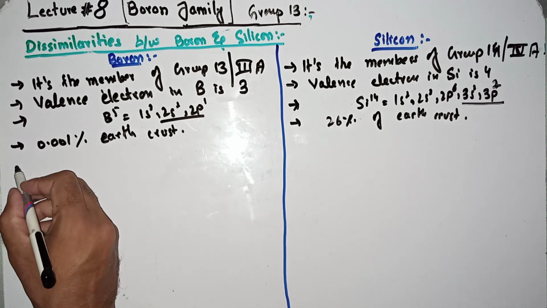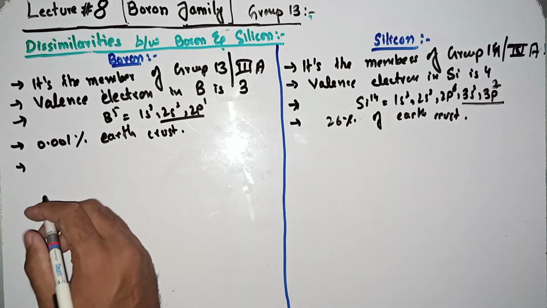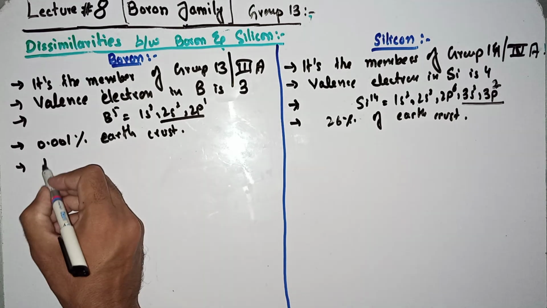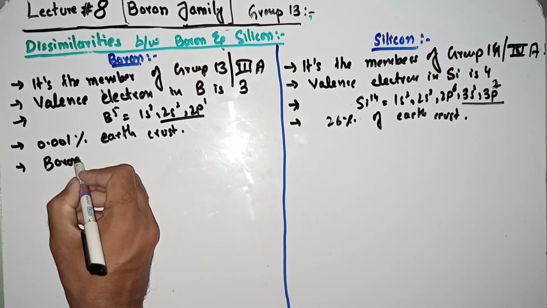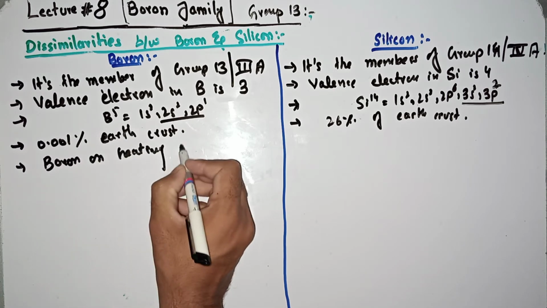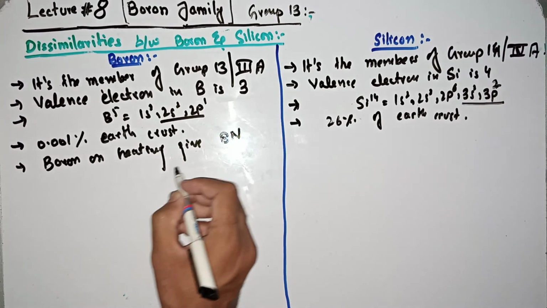Come to the next point. Boron on heating with nitrogen gives BN.